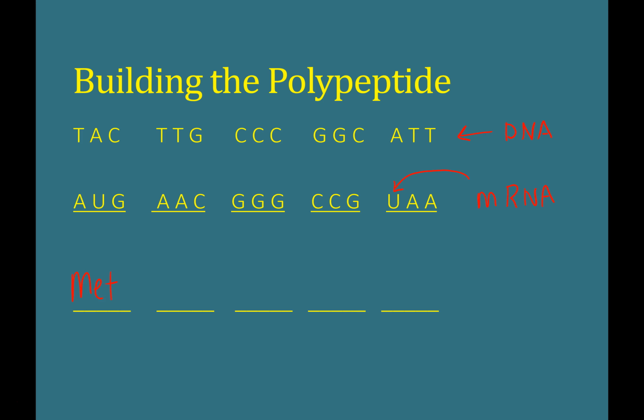AAC is going to be ASN, which is again an amino acid. And let's see, 3 G's is going to be glycine, GLY. 2 C's and a G are going to be proline. And then UAA is a stop codon.